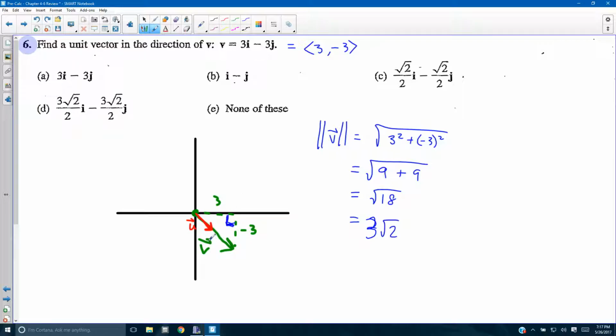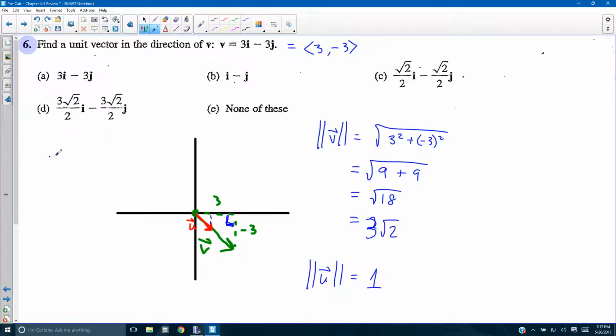So vector v has magnitude 3 root 2. Vector u has magnitude 1. So what we're trying to do here is say, using this component form, <3, -3>, vector u is similarly the same number of times smaller in every direction, just as it is in the actual vector itself.